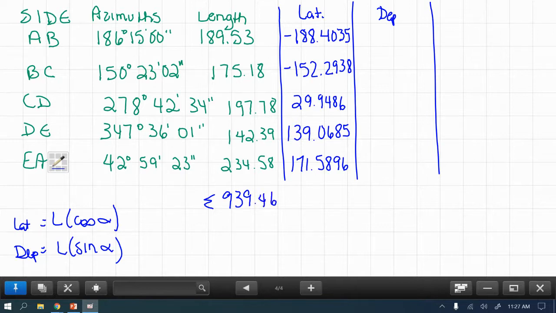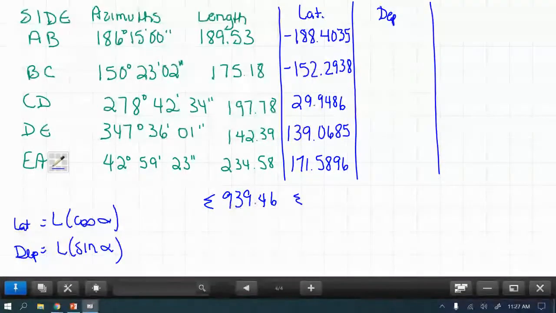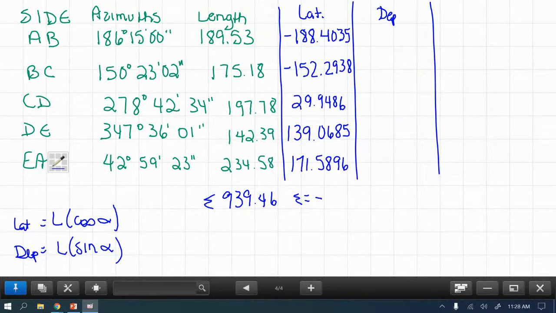Okay, when you sum these, it's probably going to be a negative number. Negative 0.0906. That's not the error, right?